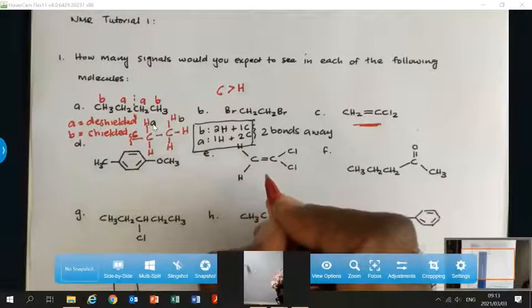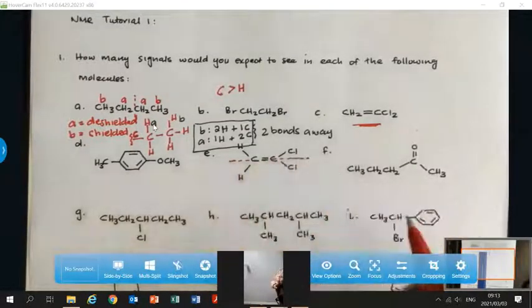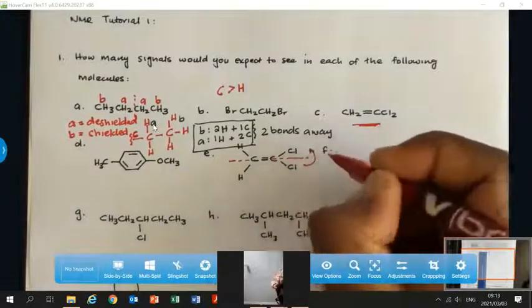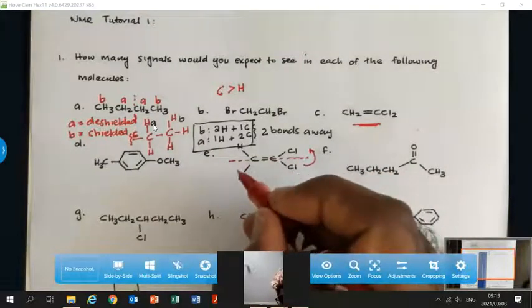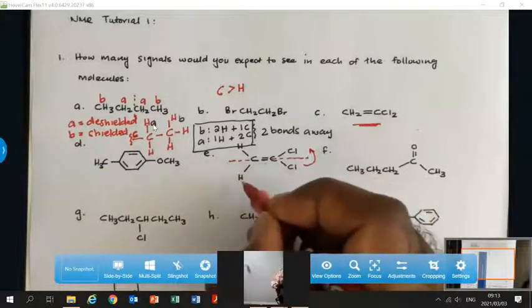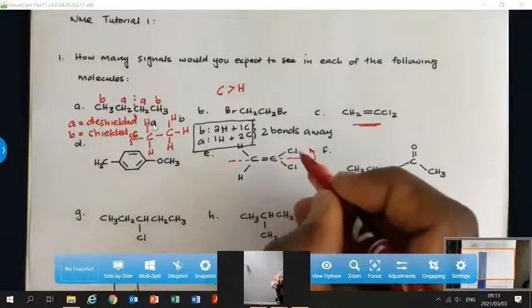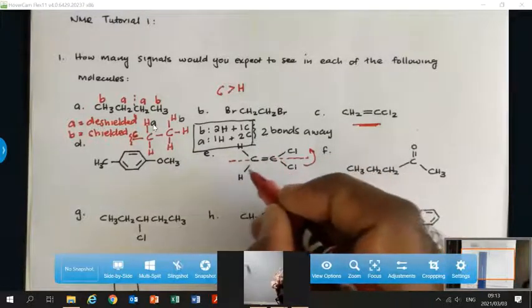So I can't see any symmetry down here, but I can see some symmetry here, which means if I fold this molecule that way, can you see now on the bottom half of the molecule, I have a hydrogen and a chlorine, and the top half of the molecule, I've got a hydrogen and a chlorine. So the top half is symmetrical to the bottom half.